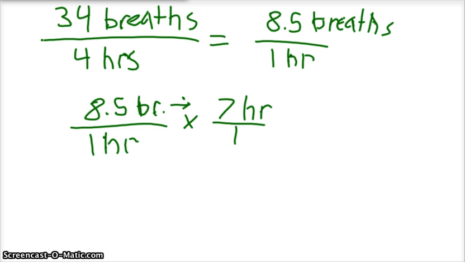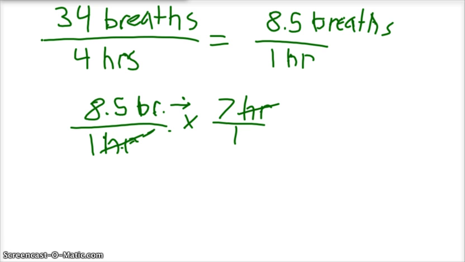But just like with fractions, we can cancel like terms out. What we want to do is cancel out our hours, because see how they're diagonal from each other, just like a normal fraction. We want to treat it like that. That gets rid of our hours.